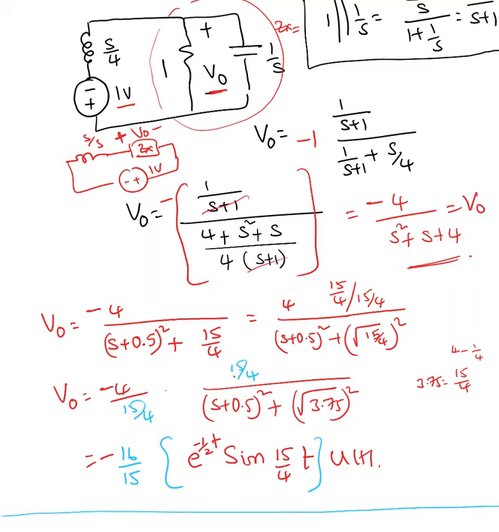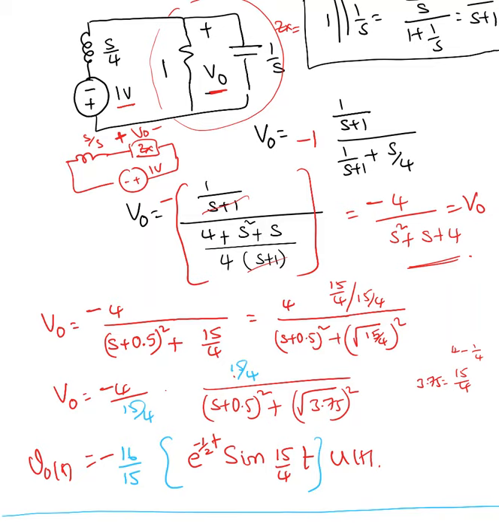Now I need to convert this into the time domain, V0 of t, using the Laplace transform table. By using the table, find out which one is similar to this in the S domain.